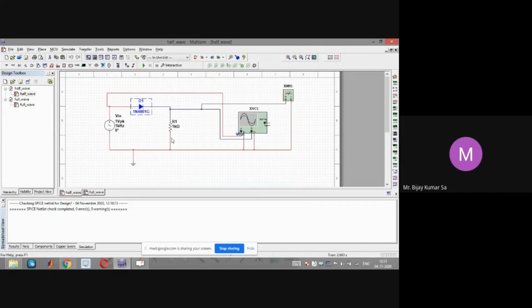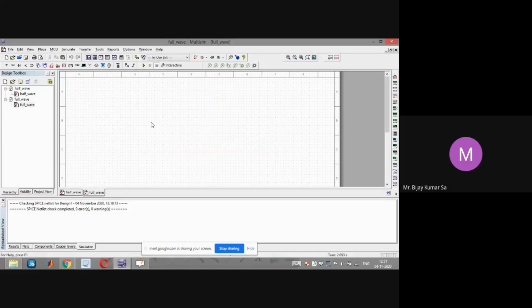So I'll use the same diode. I will copy, I'll paste here. What I'm designing now is a bridge type rectifier. So I'll require 4 diodes.